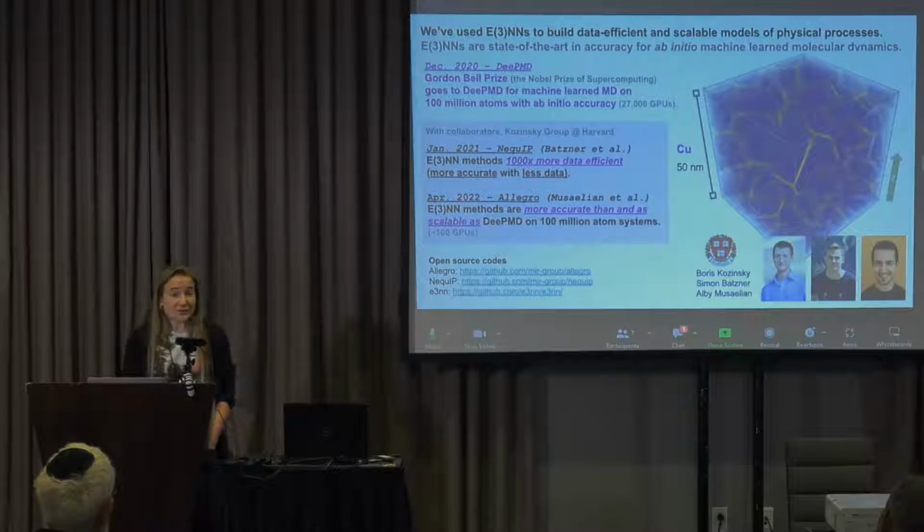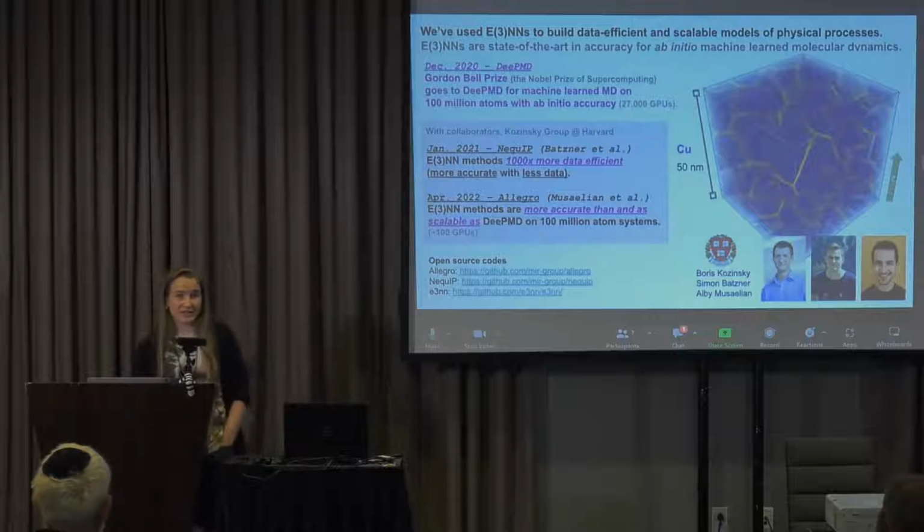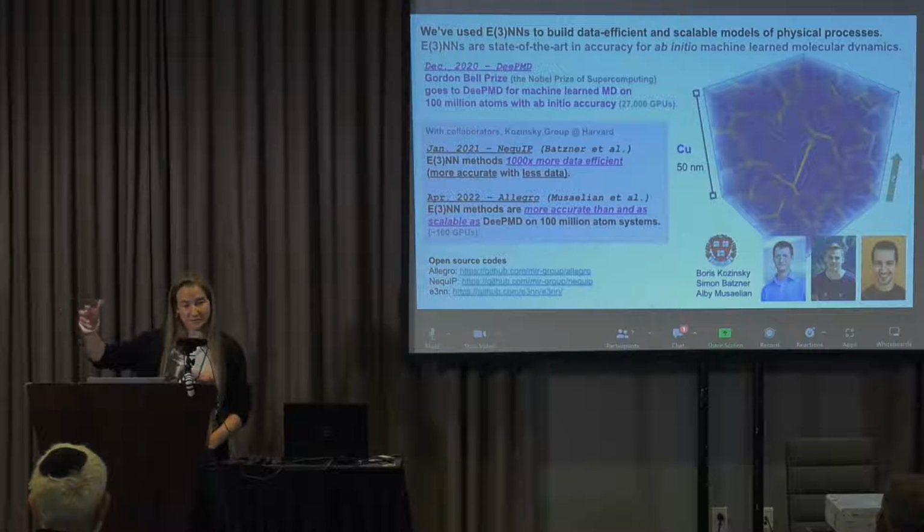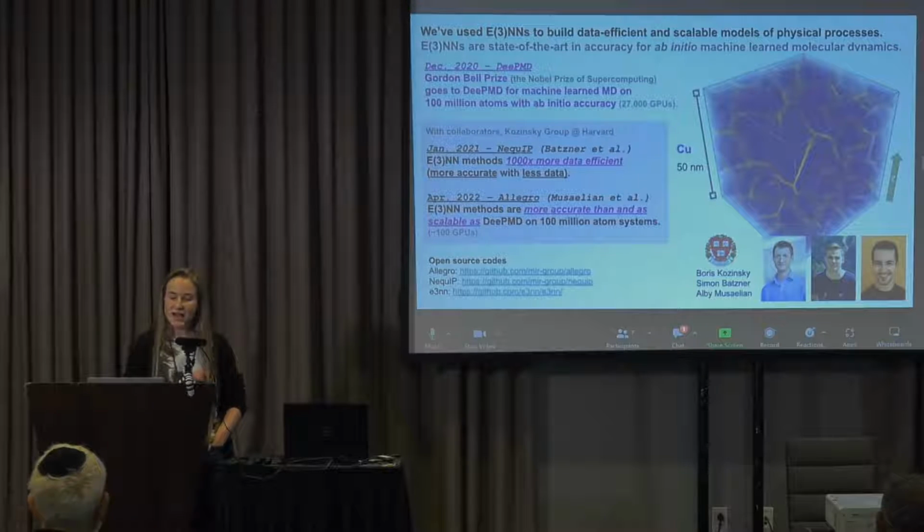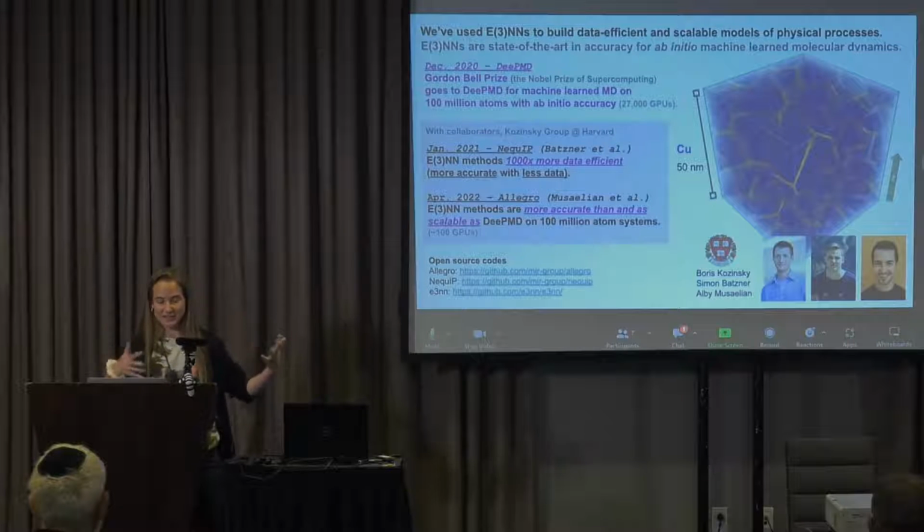So in December 2020, DeepMD, which is a team that had many members at Berkeley Lab, but also other places, were awarded the Gordon Bell Prize, which is sort of the Nobel Prize of supercomputing. And this was a big deal because I believe it was the first time that it was awarded to a machine learning effort. So it was a big deal for scientific computing and machine learning to get this prize.